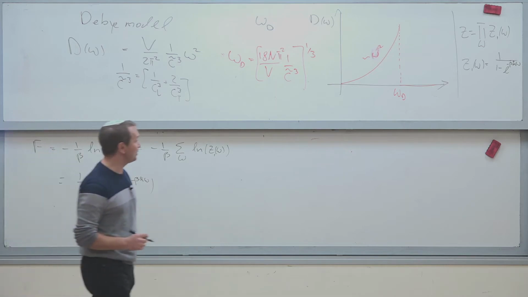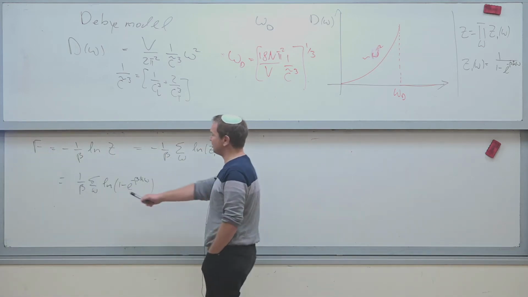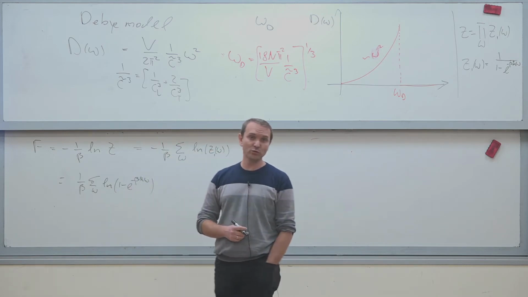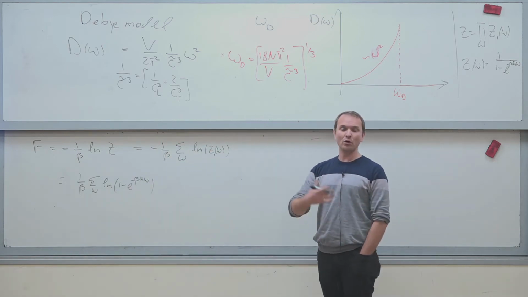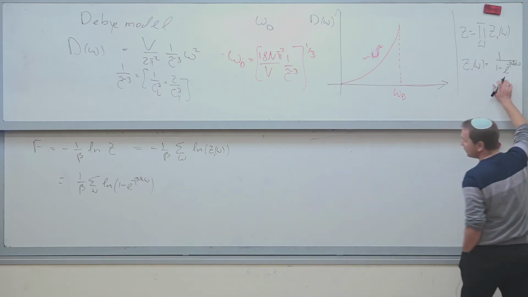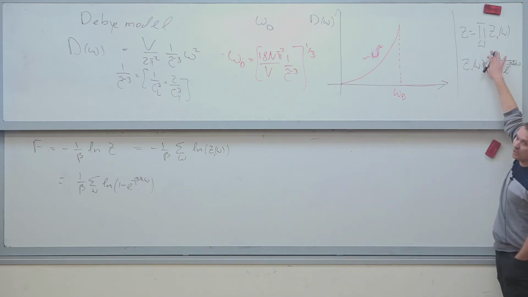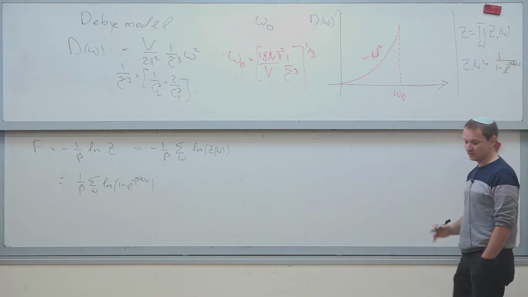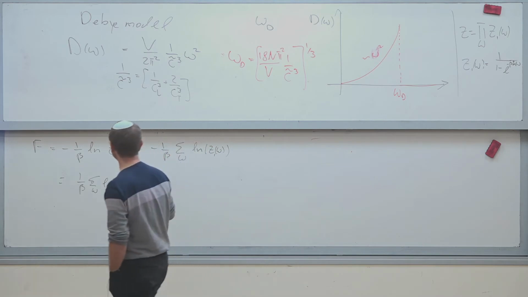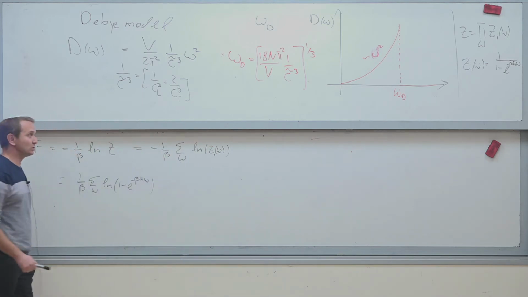Now the next step is to say, well, here we sum up over all possible omegas, over all possible phonons. For each phonon, we summed up over all possible energies, and we obtained this guy. This is coming from the multiplication over all possible modes in the system, or basically counting all the possible phonons inside the system. What is a phonon? An oscillation with a specific omega. This is why we're summing up over the omegas over here.